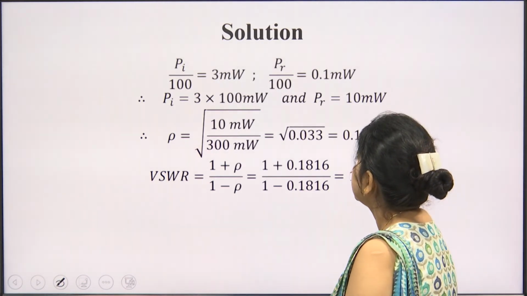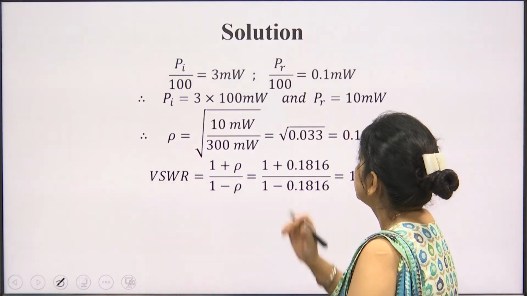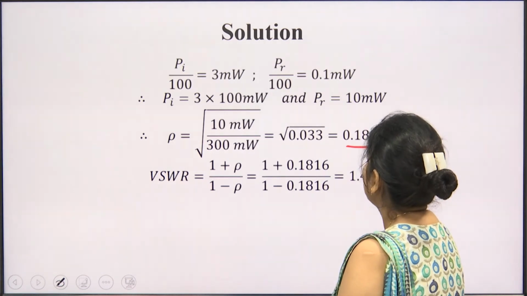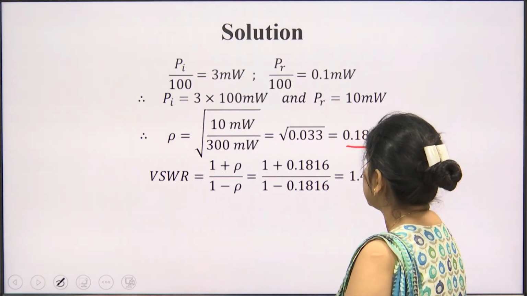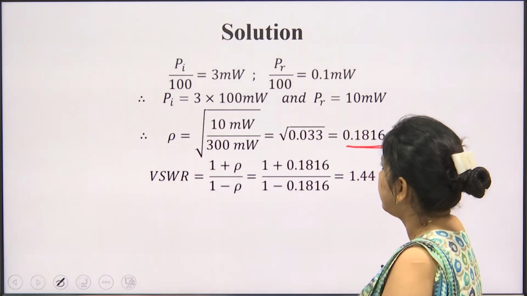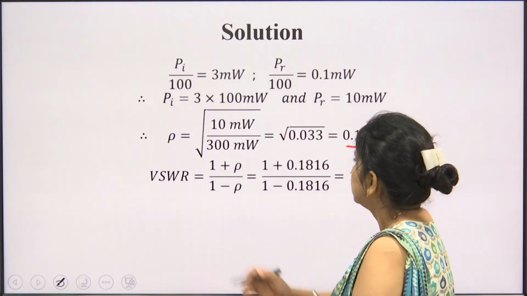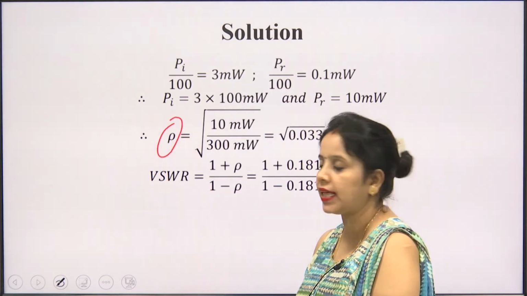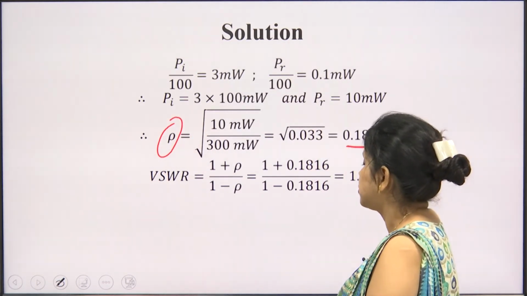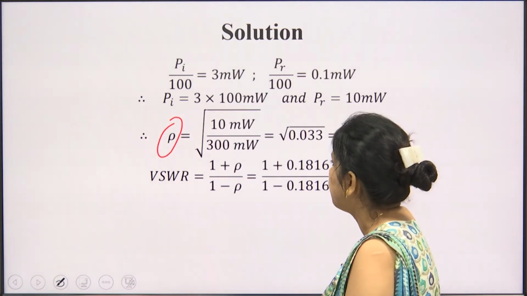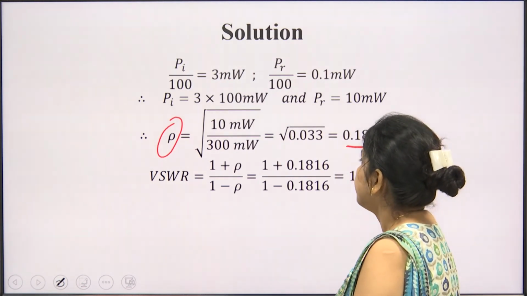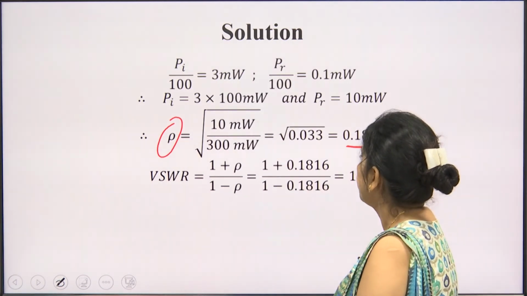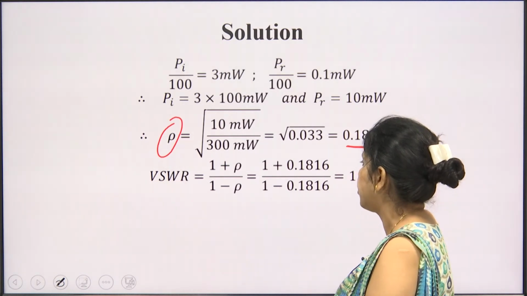So, we are solving it and we are getting 0.1816, and when we have the value of rho, that is our reflection coefficient, we can directly substitute that in the VSWR expression, that is VSWR is equal to 1 plus rho upon 1 minus rho, which is equal to 1 plus 0.1816 upon 1 minus 0.1816.